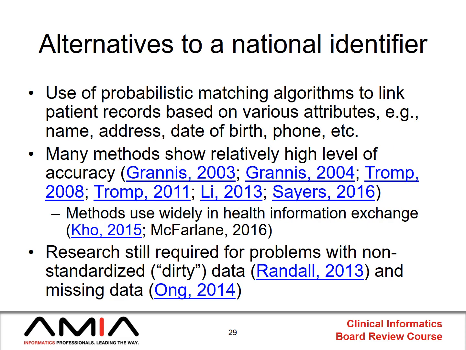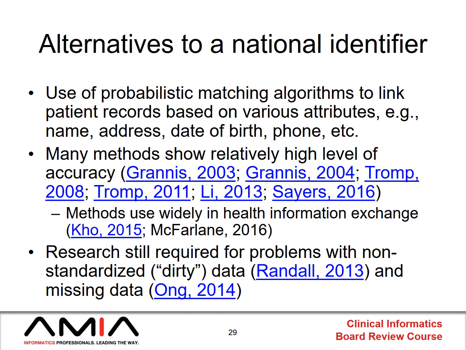So what is the alternative to a national identifier? Well, there are many researchers who have developed probabilistic matching algorithms that link patient records, and their level of accuracy is quite high, but there are still problems in that many data elements are non-standardized, or sometimes called dirty data, and of course there is missing data.